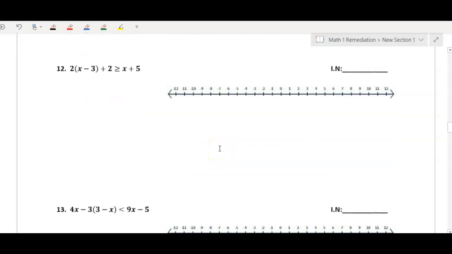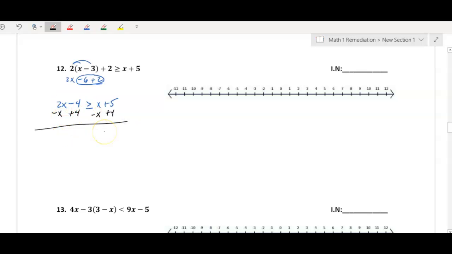Number 12. First thing I have to do is simplify this left side. 2x minus 6 plus 2. If I combine like terms, this is going to be 2x minus 4 is greater than or equal to x plus 5. Now, from here, I move my variables to the left, my constants to the right.